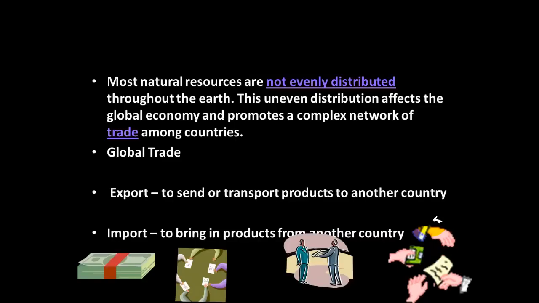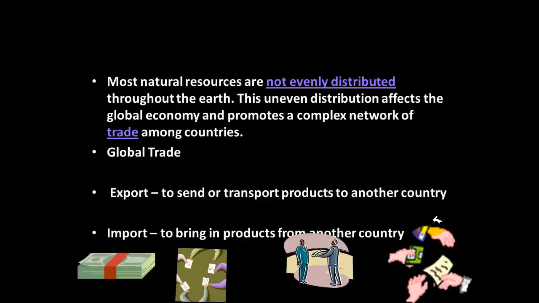Now, make sure you have these next things in your notes. It talks about natural resources. When we talk about natural resources, we mean things like oil and gold. We also mean things like wildlife, seafood and crops, the ability to do all these things. They are not divided evenly throughout the earth.